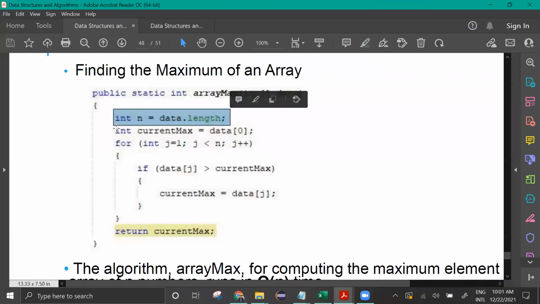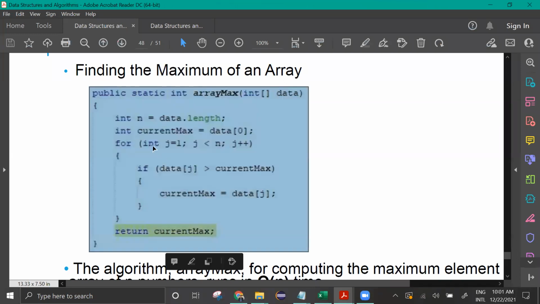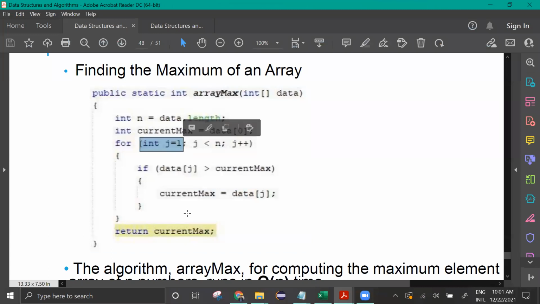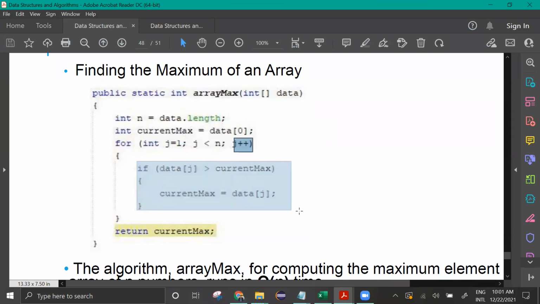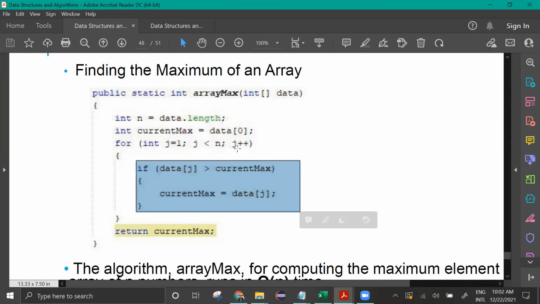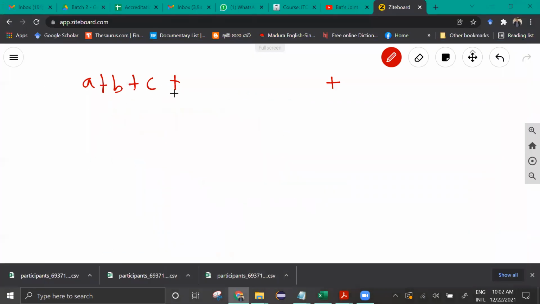Time A for the first line, time A for the second line, and time C for this assignment. Then these comparisons, this increment and this part, suppose it takes X all together. How many times does it iterate?